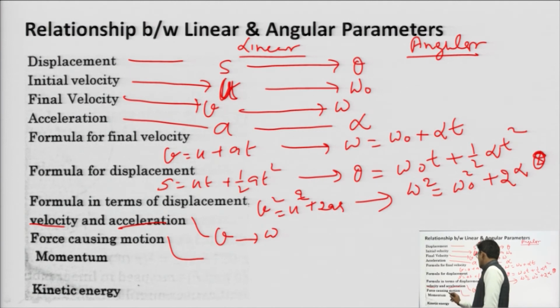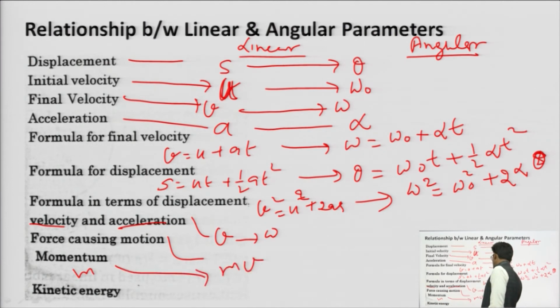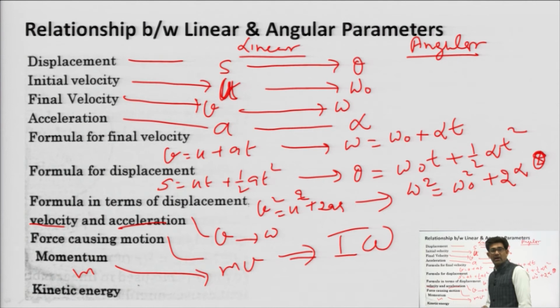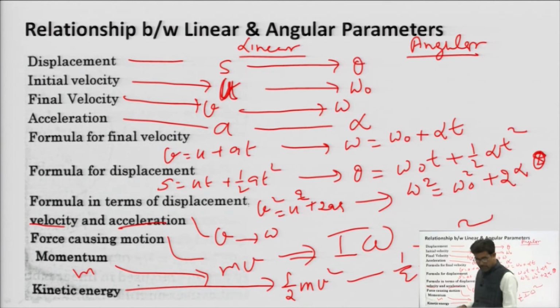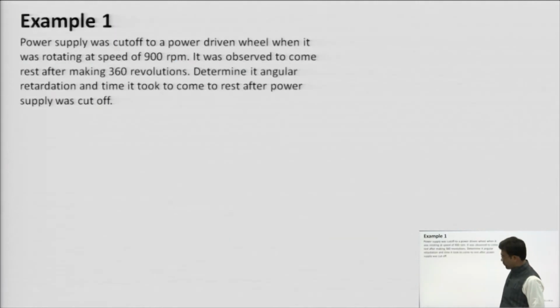Force causing motion: in linear, momentum is m into v; here momentum will be I into omega. Kinetic energy was half m v square, and now it will be half I omega square. So the parameters are interlinked with linear motion. Now let us solve a few questions.